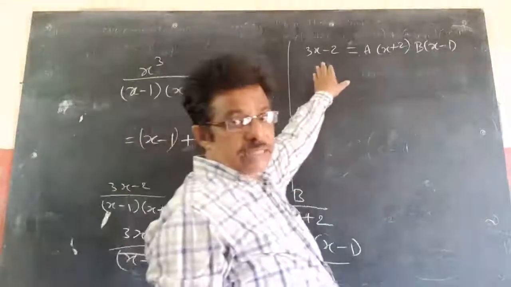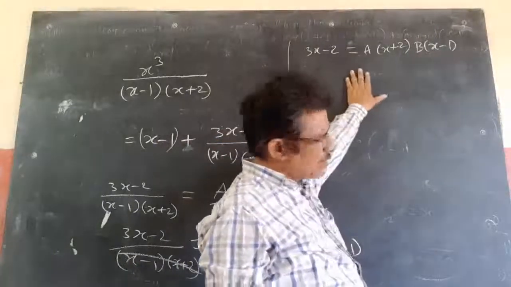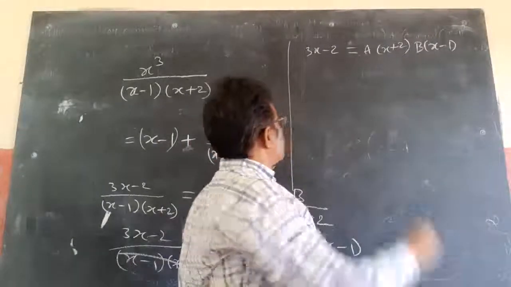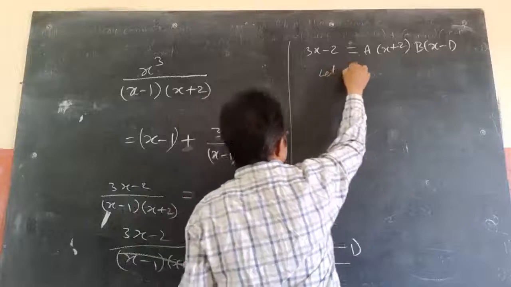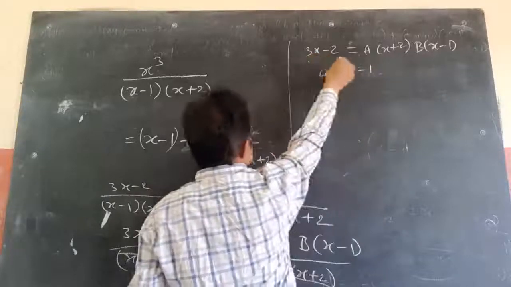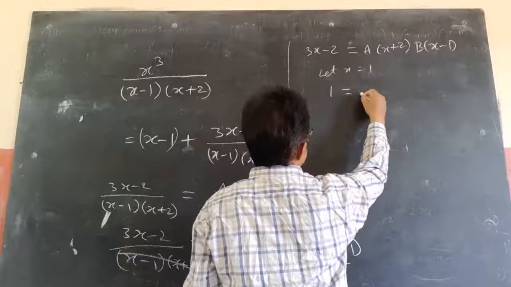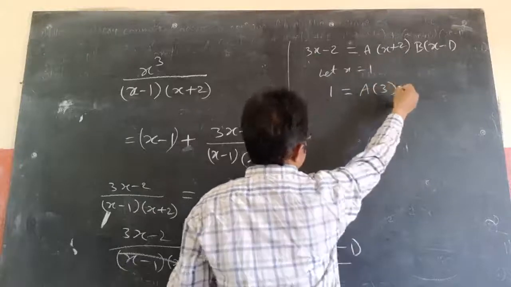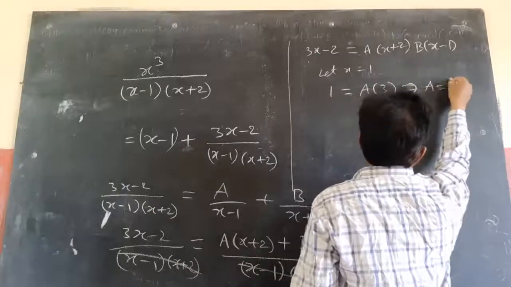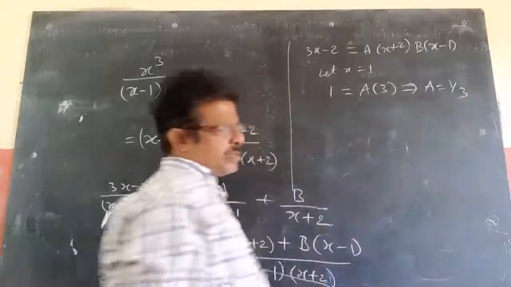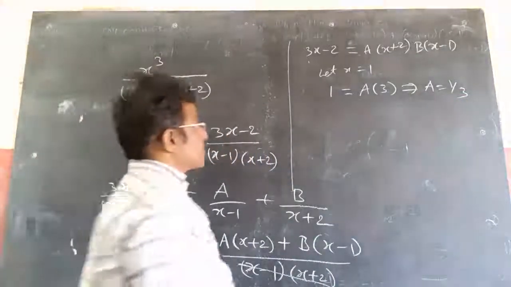So for solving this, I will take x equal to 1, I will get a value. So let x equal to 1. So this is 3 minus 2, 1 equal to a into 1 plus 2, 3, which implies a equal to 1 by 3.